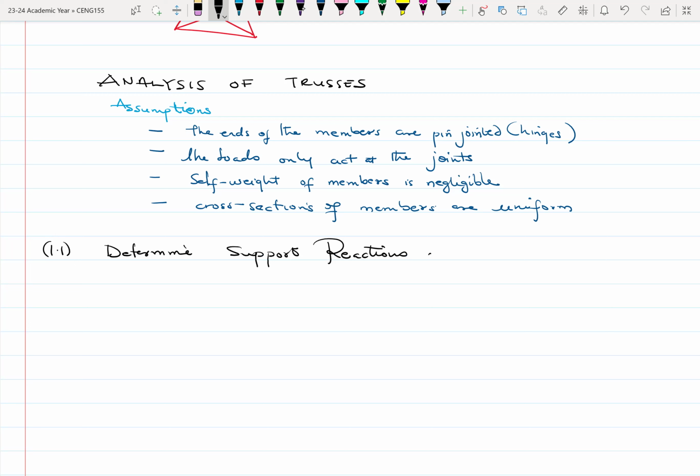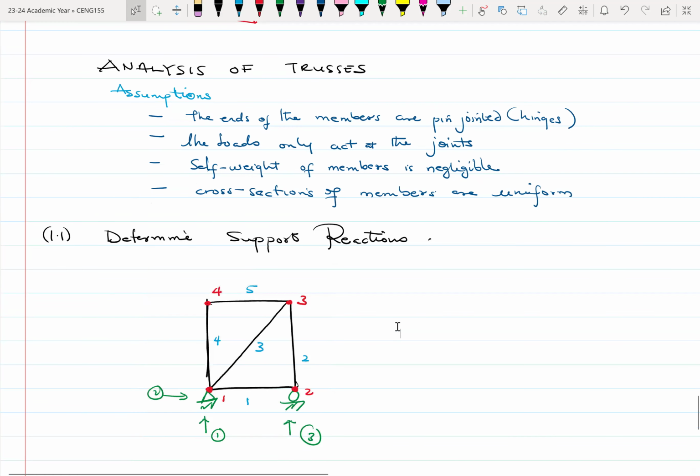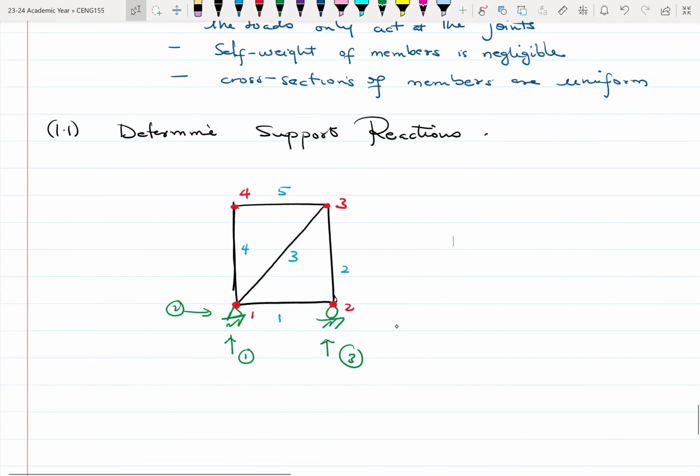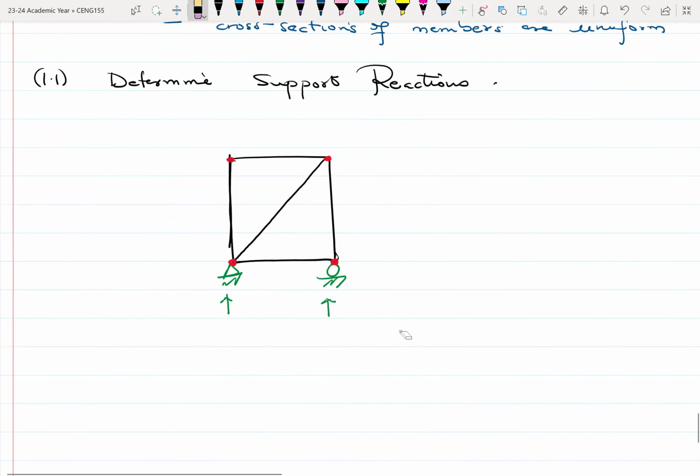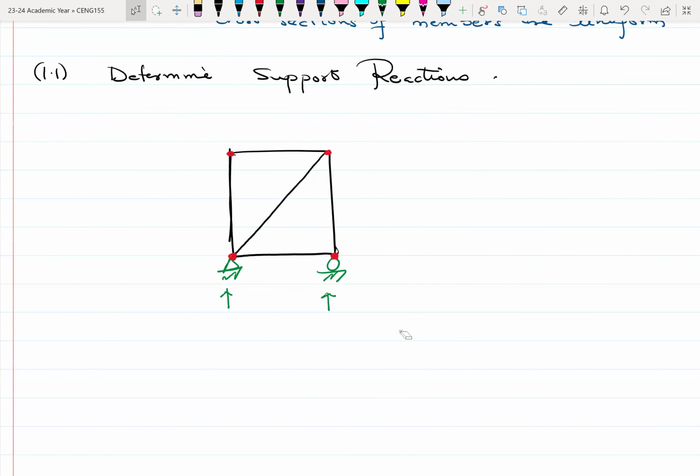So let's say I have this here as my structure. These are my unknown reactions.